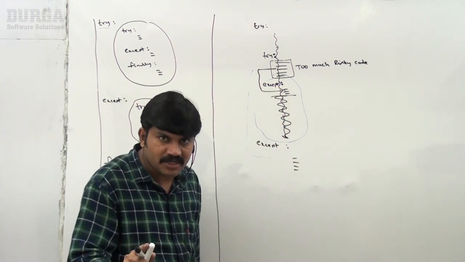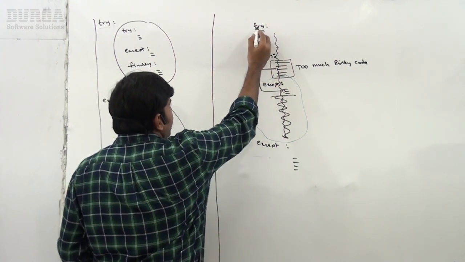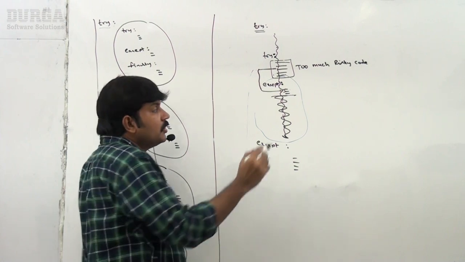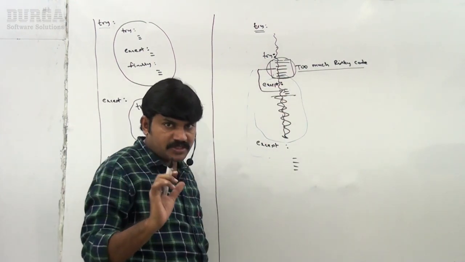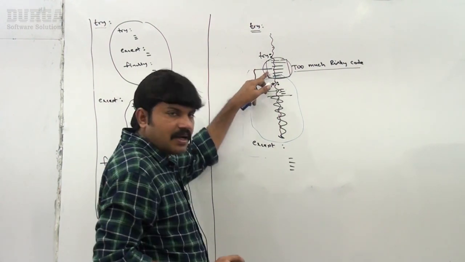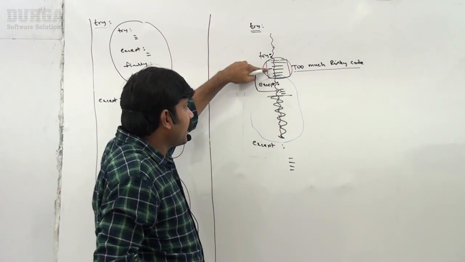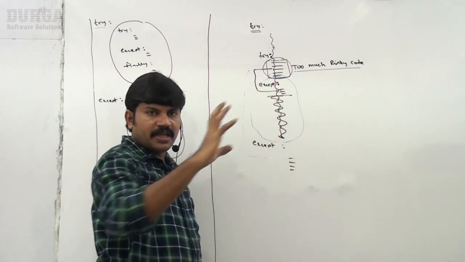Are you able to understand? General risky code we have to take inside the outer try block. Too much risky code, more specific risky code, we have to take inside the inner try block. If an exception really rises, the inner except block is going to handle it, and the remaining lines of code will be executed.